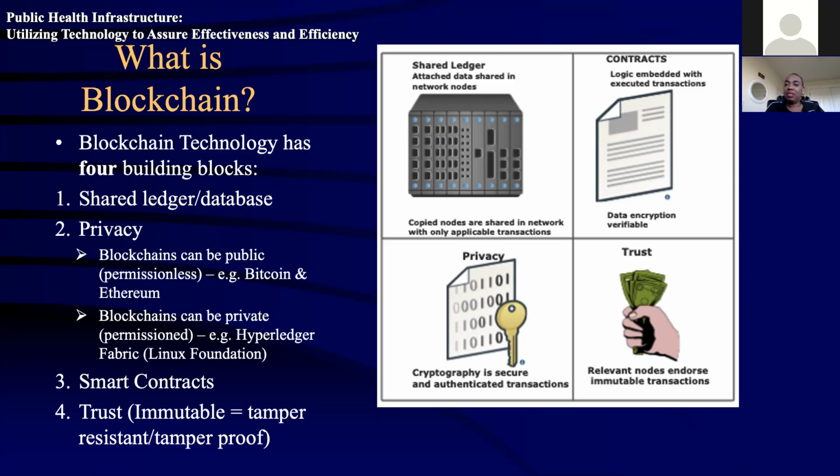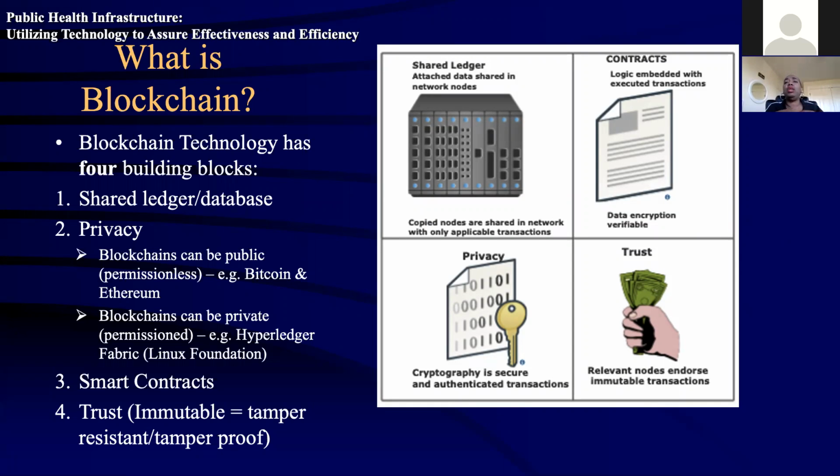Smart contracts are a function and feature of the whole blockchain where code is written that can automatically execute transactions, okay? And then a huge plus for the technology is the aspect of trust, okay? The big hesitation in sharing healthcare data a lot of times, especially again, mental health, is around trust.